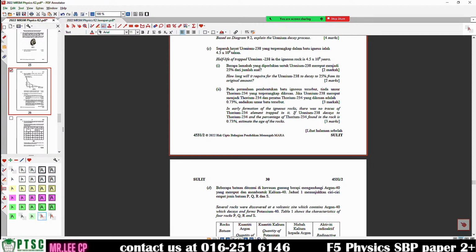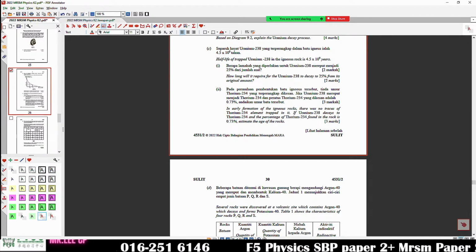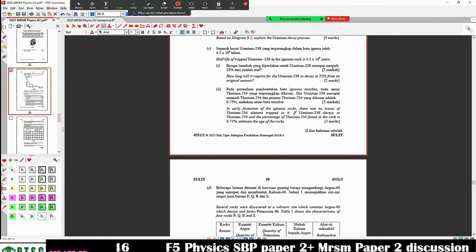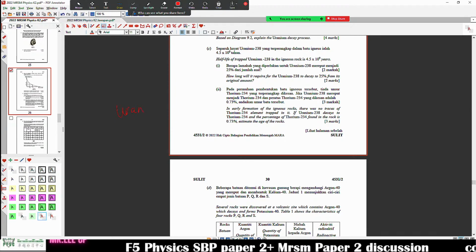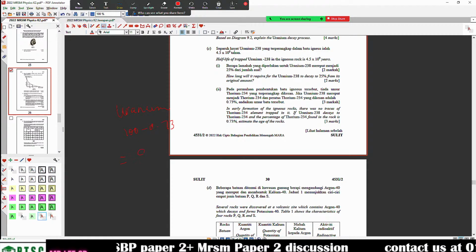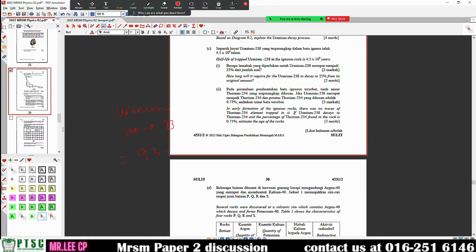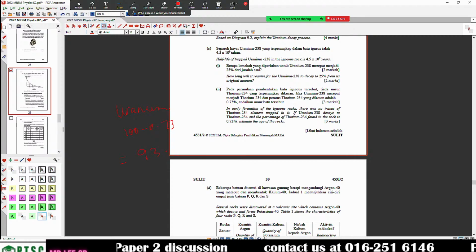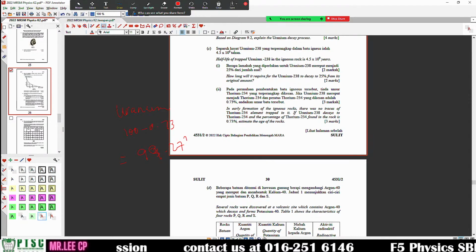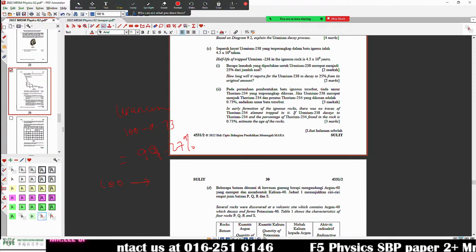The percentage of thorium found is 0.73. So if you want to find uranium, it will be 100 minus 0.73, so it's 99.27. This one is difficult, 100 decay, 7.3% left.